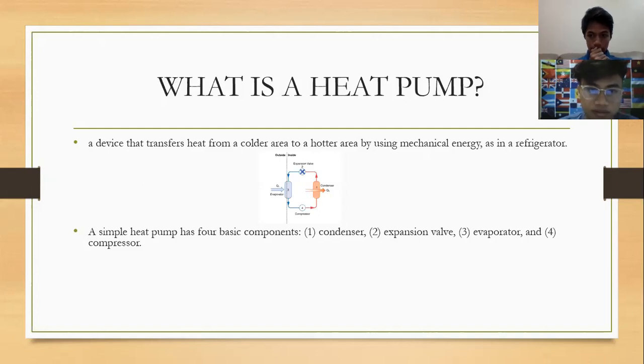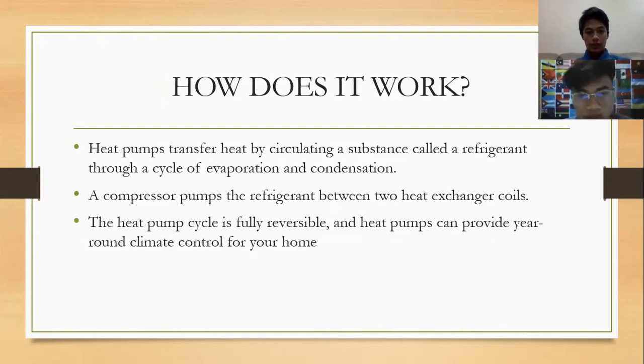So next slide, please. We move on to the next slide. So how does it work? As ZIHNI said before, a heat pump is an electrical device that extracts heat from one place and transfers it to another. Heat pumps transfer heat by circulating a substance called a refrigerant through a cycle of evaporation and condensation.